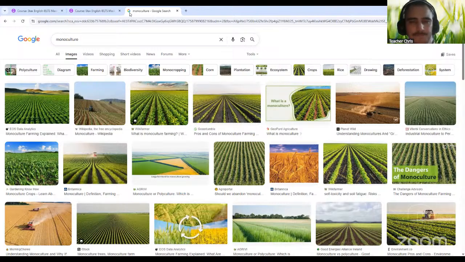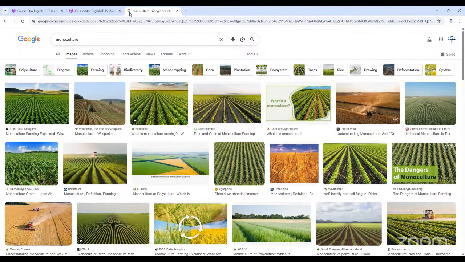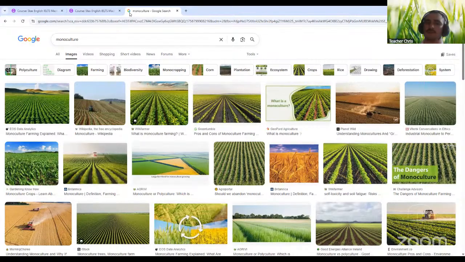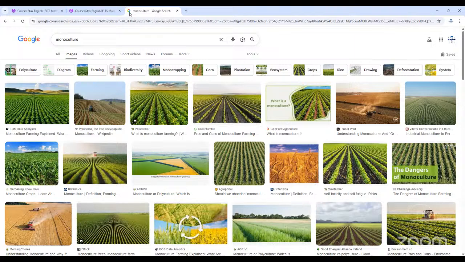Any idea? I think monoculture has some problems because it can cause soil depletion. Yes, because growing the same crop year after year can deplete some nutrients in the soil.